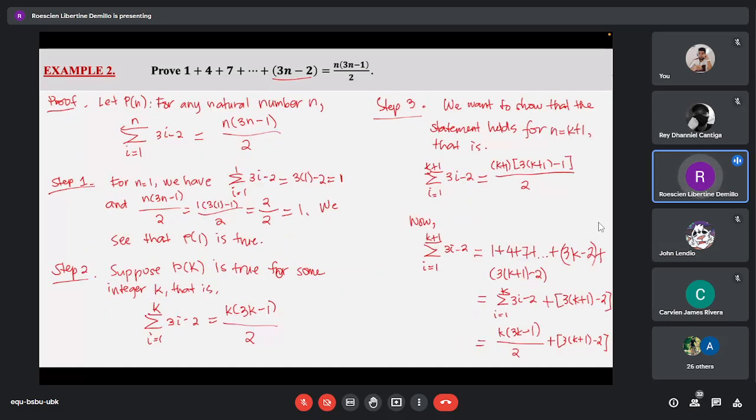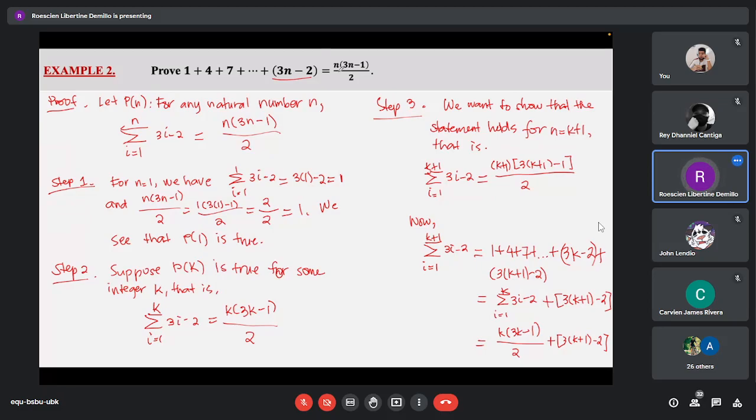So, muna atong first part, introductory statement, as we let Pn for any natural number n, and then, ang kaning left side sa ato ang formula, gimo na to siyang, not formula, equation. Left side of our equation is a series, so we change it to its summation notation or its sigma notation, and then equal to the right side.